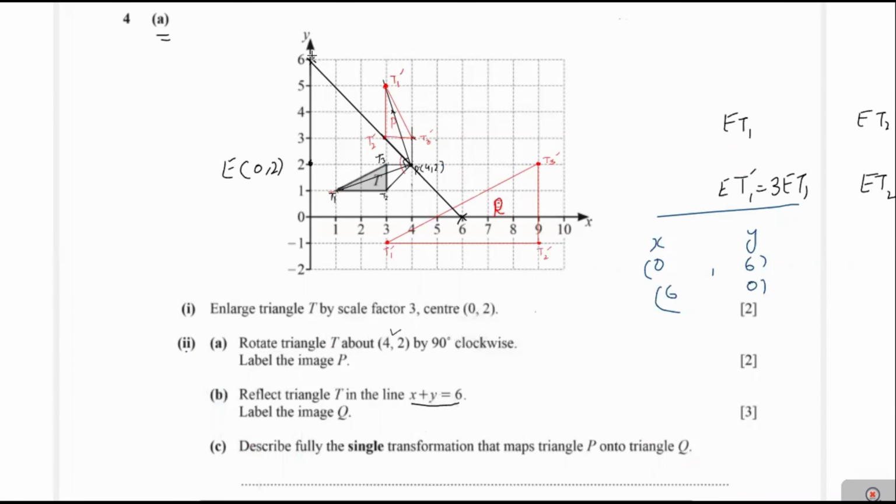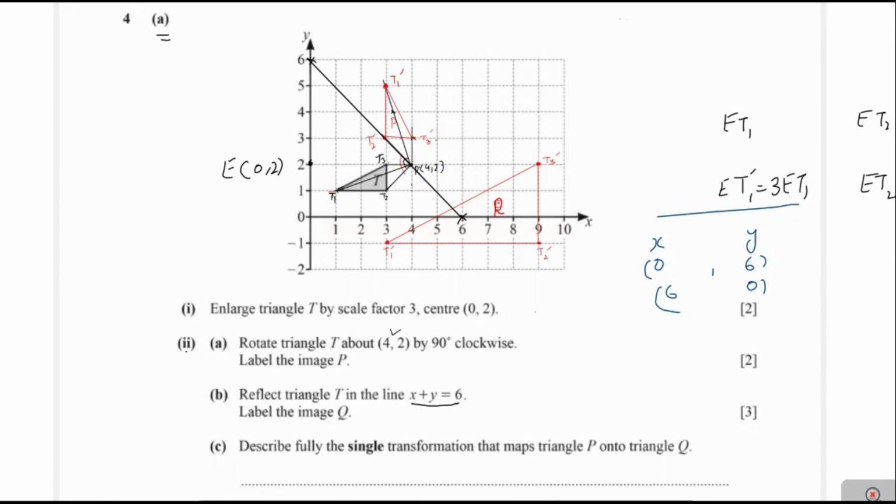Now after drawing the reflection line, we will take the reflected triangle T. Firstly, we take the reflection of the points of the triangle T1, T2, and T3. Now we get the reflection of this T1 in the line x plus y equal to 6.